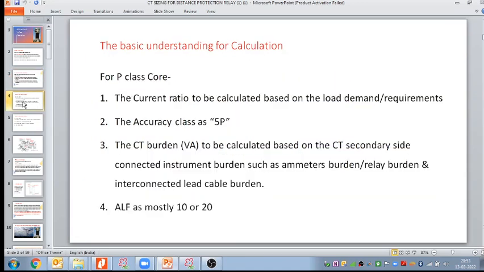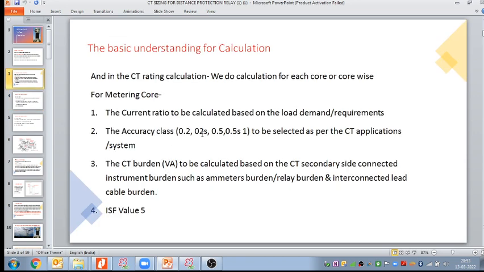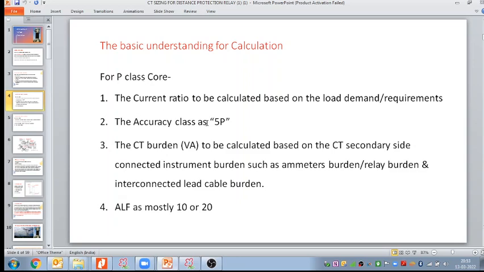And when it comes to the protection P class core, the normal protection core, again four parameters: the CT ratio, and the accuracy class. In the metering core it was 0.2, only 0.2 percent error. But in the protection class, we generally take 5P class, 5 percent error. Up to this we can tolerate, because we are not doing any metering here.